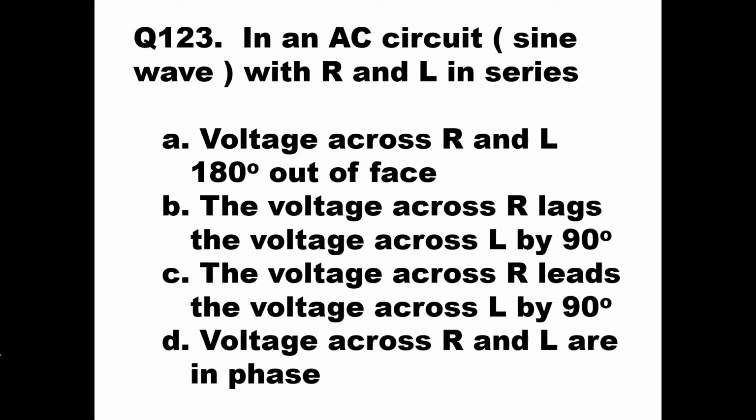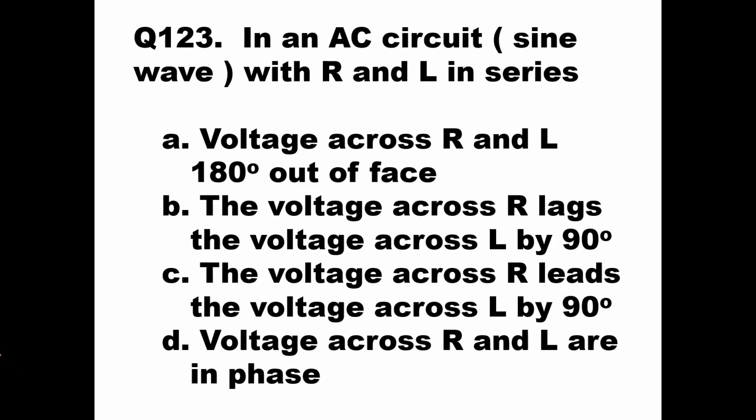We should always remember here that in an RLC circuit, the voltage in L will lead the voltage in R, and the voltage in C will lag the voltage in R. So according to this basic statement, the second statement, that is the voltage across R lags the voltage across L by 90 degrees.